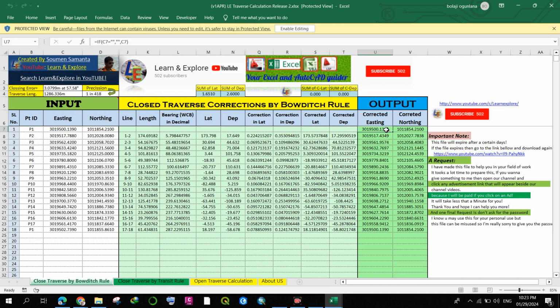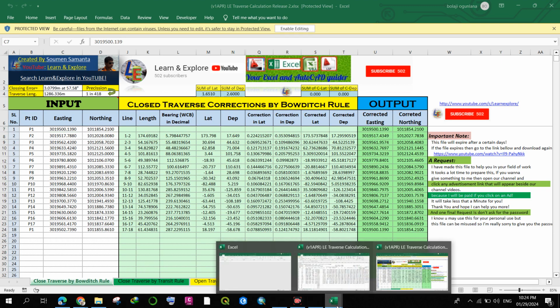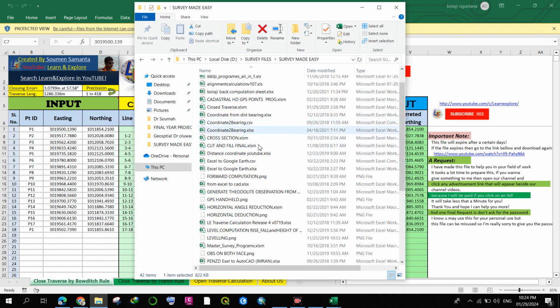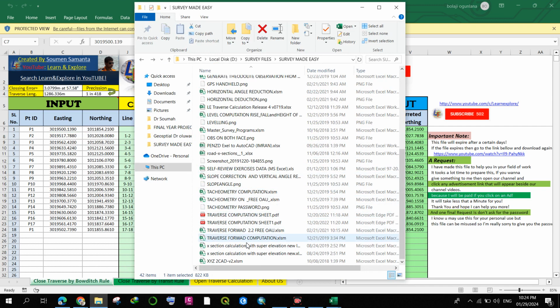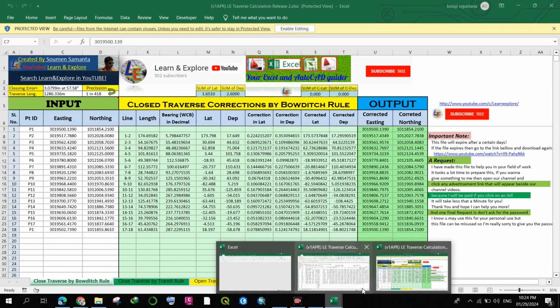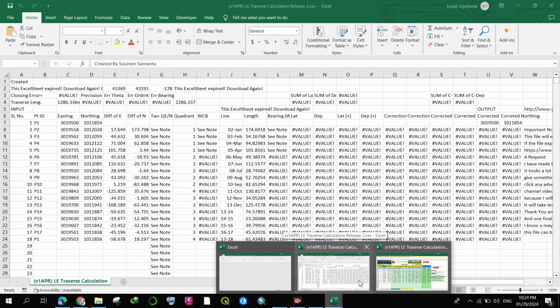So now, in this case, just an example. So you fill in the coordinates.